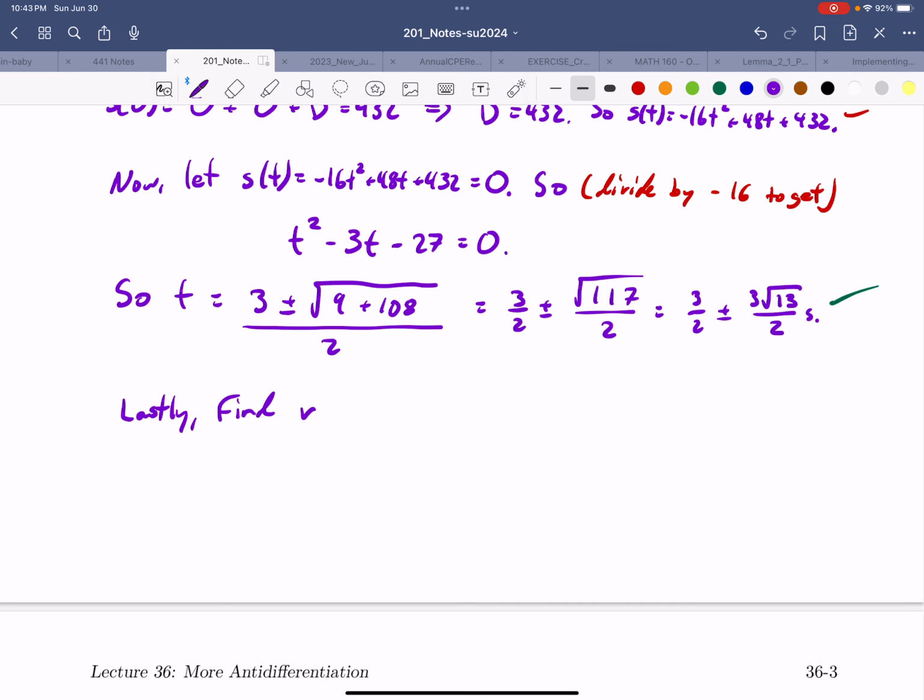So we're just going to find v of this gross stuff. I'm not actually going to do this out. I'll leave that to you. That's kind of nasty. And whatever it is, it's going to be feet per second. So that's how you do it.